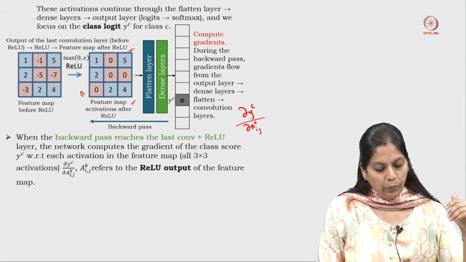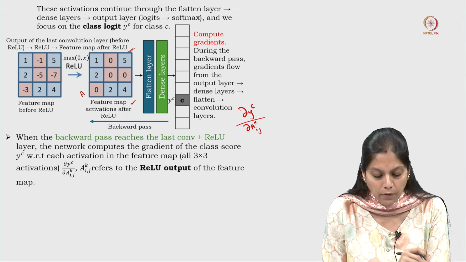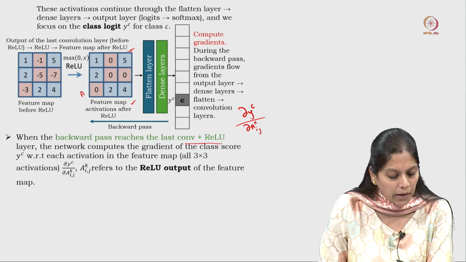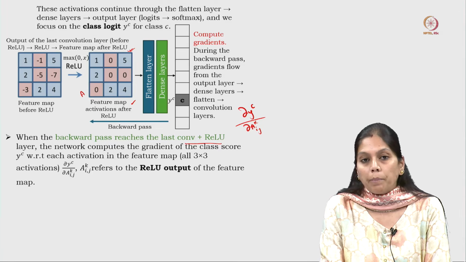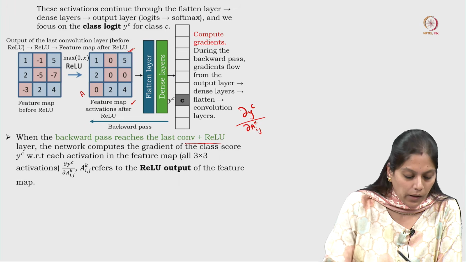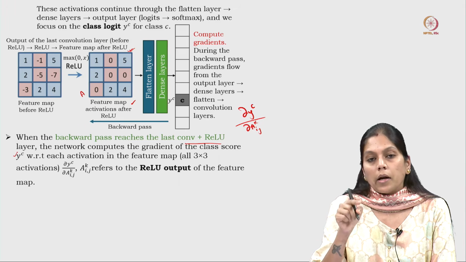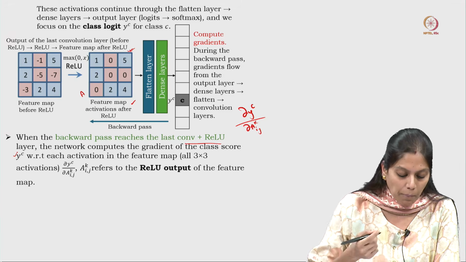So, what exactly did we do? When the backward pass reaches the last convolution and ReLU layer, the network computes the gradient of the class score YC with respect to all the activations in this particular feature map.